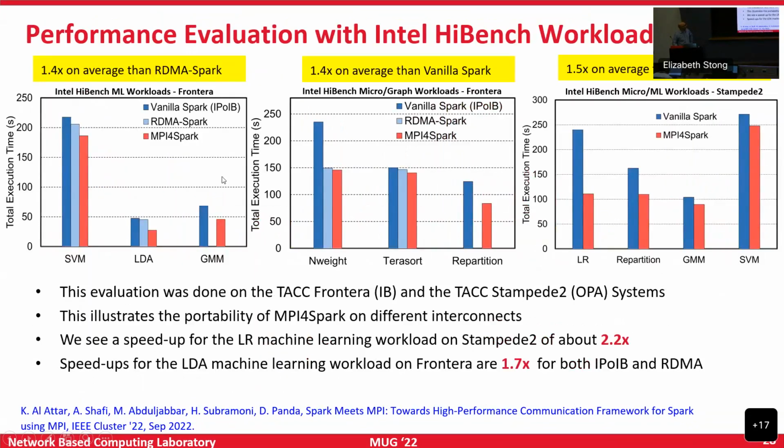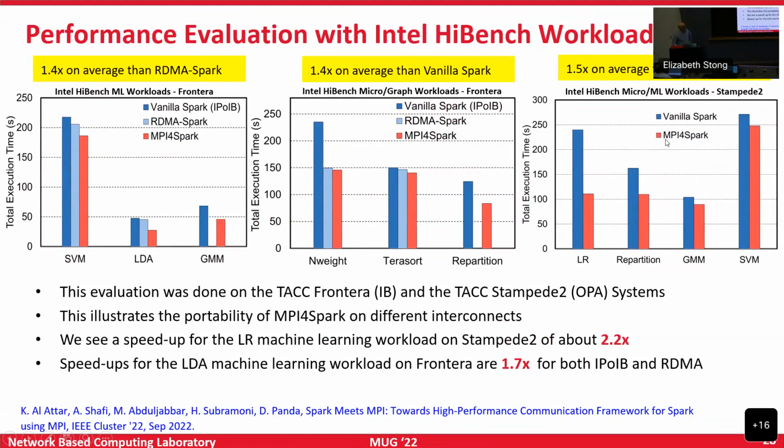Now these are different benchmarks from Intel HiBench. The first 2 graphs are from TACC Frontera, and the third one is from the Stampede 2 system. For the first 2 graphs, we are plotting all 3 Spark frameworks: vanilla Spark, RDMA Spark, and MPI4Spark.